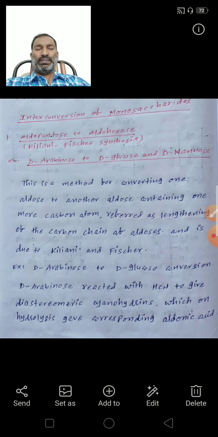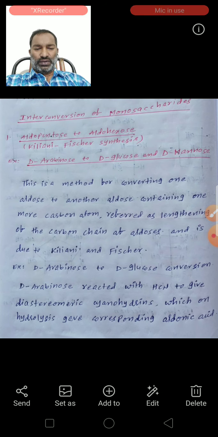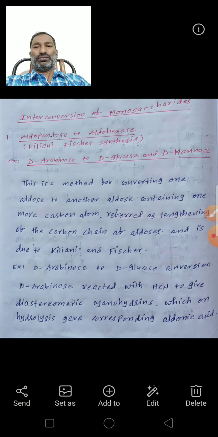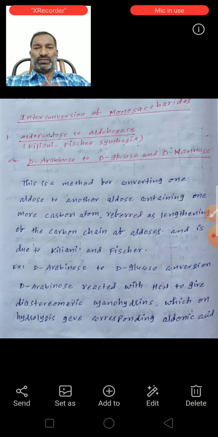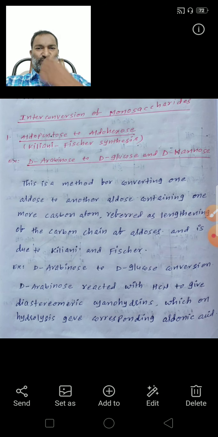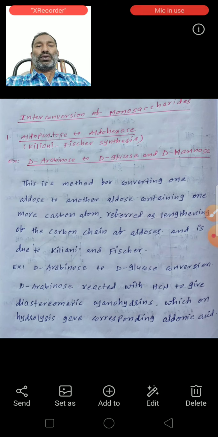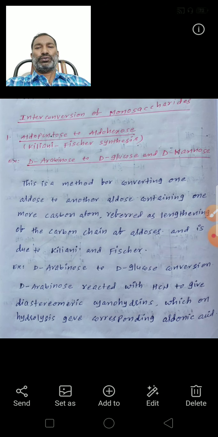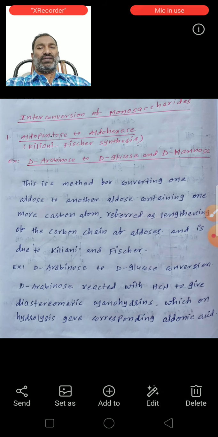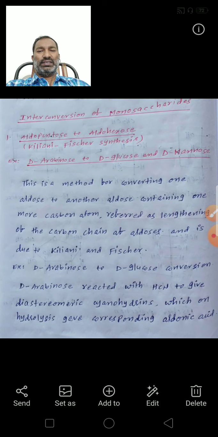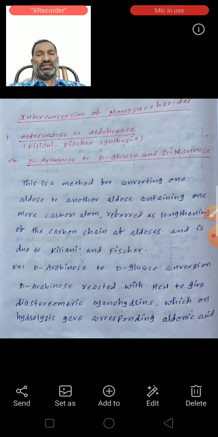Aldopentose to aldohexose, both are aldoses, that means pentose to hexose. So pentose to hexose is a lengthening of the carbon chain of aldose, and it is due to the Kiliani-Fischer synthesis.